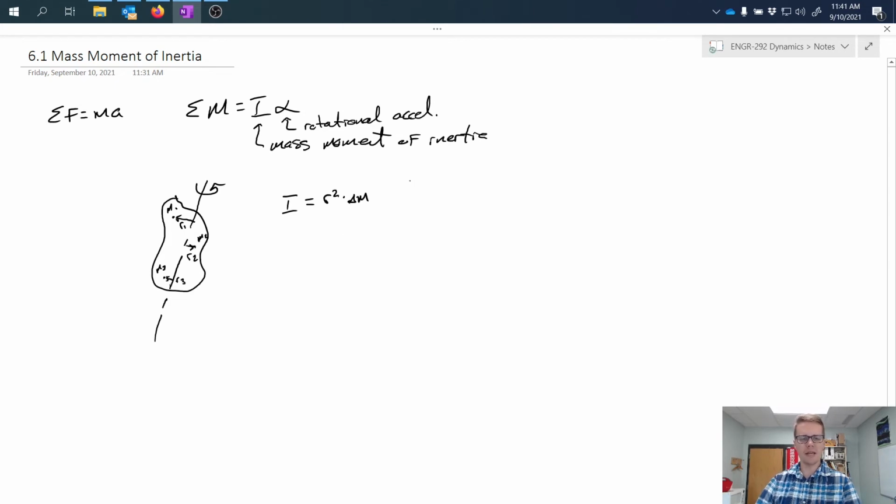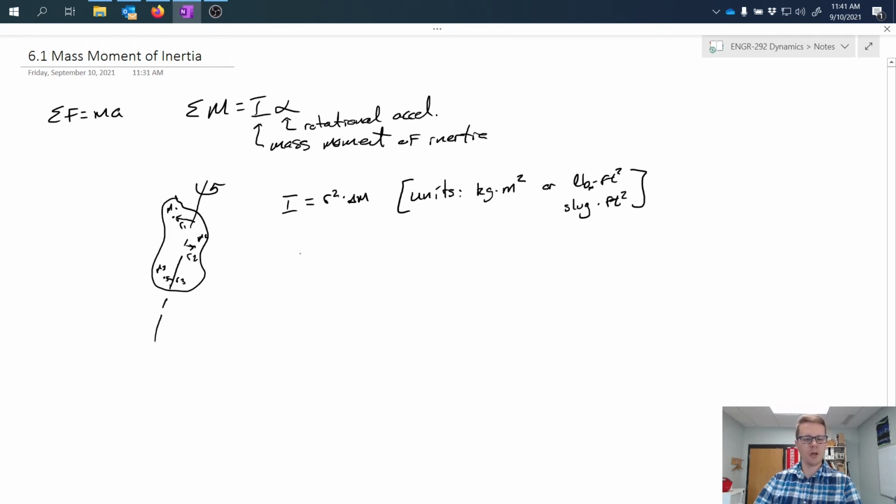We can see that we're going to have units of kilograms times meters squared, or pound foot squared, or, here I'm talking pound mass, slug foot squared. So we can see what our units are so that we can use that when we work with it later.